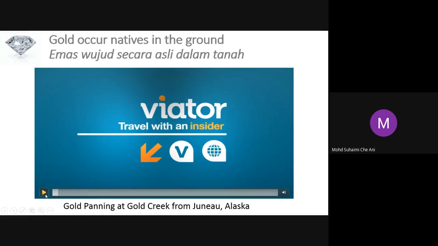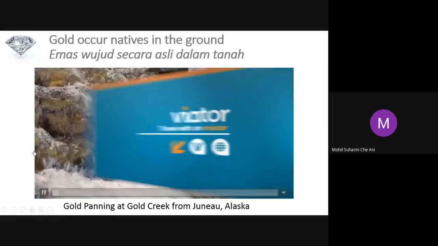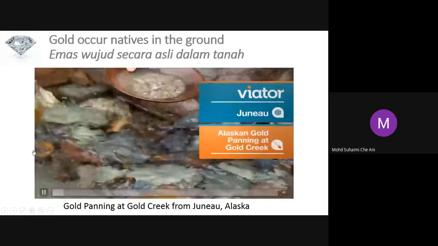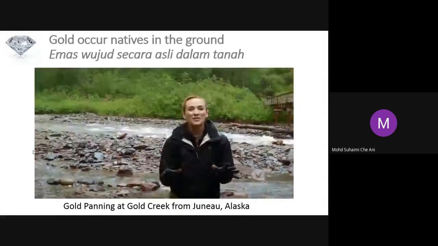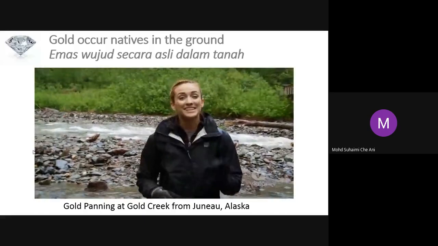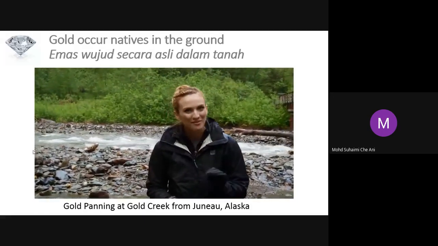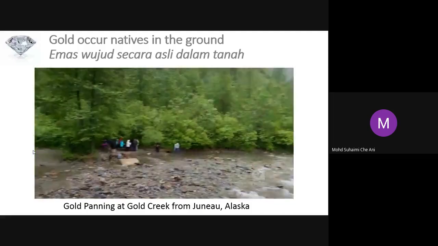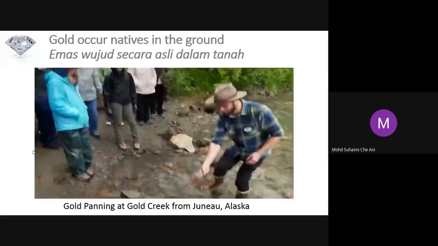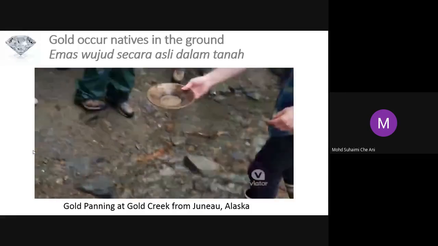So dalam video ni, inside this video, they do some gold panning. Gold panning ni adalah mendulang emas. So they go to the river area, about waterfall area, and then just take some of the soil from inside the river and you do some panning and then pusing sikit, it makes the gold is denser, so it will stay at the bottom.